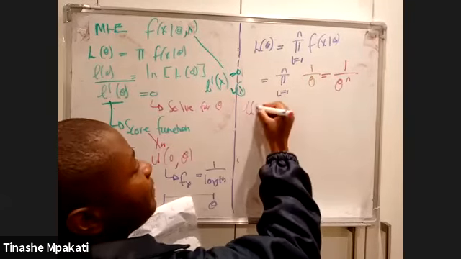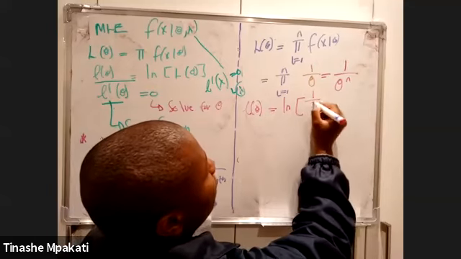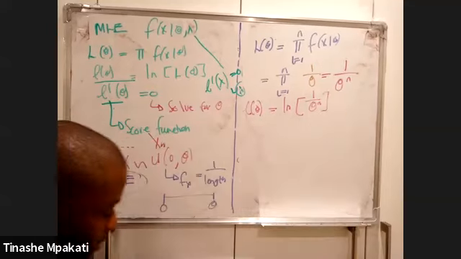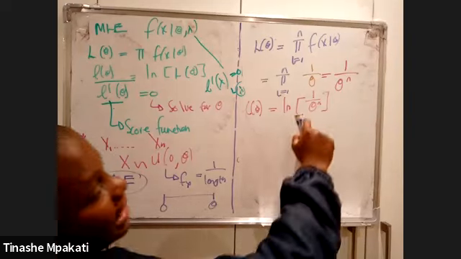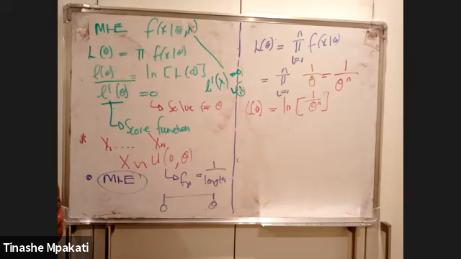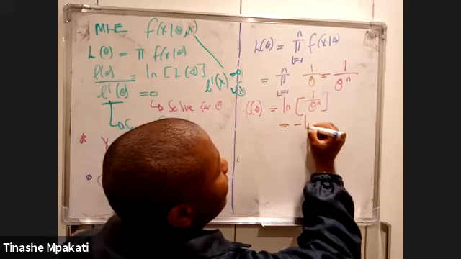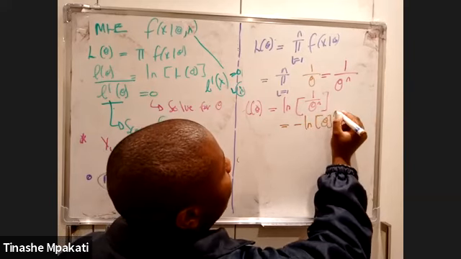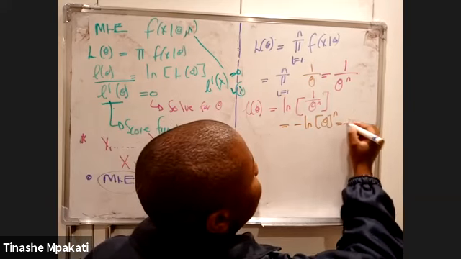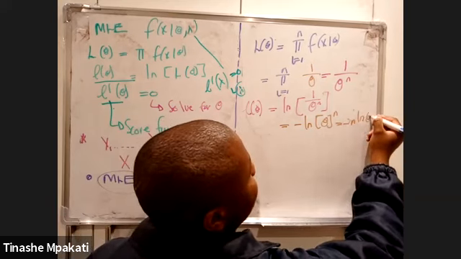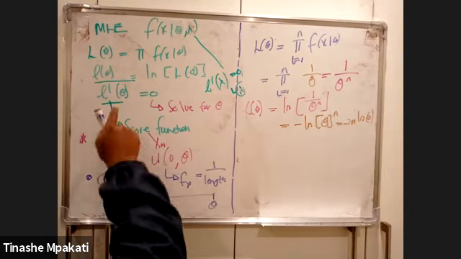Taking the log likelihood of this will simply be ln of 1 over theta to the power n, and because theta to the power n is on the denominator, this will be equal to 0 minus ln theta to the power n, such that this is equal to minus n ln theta.